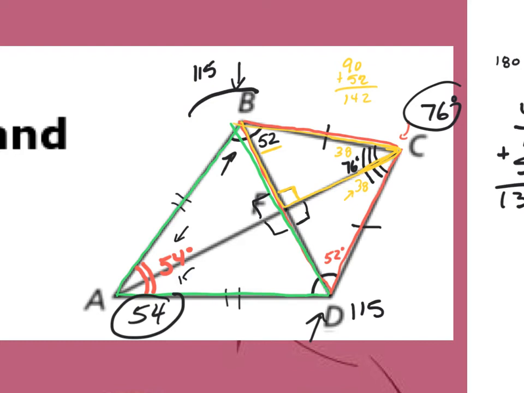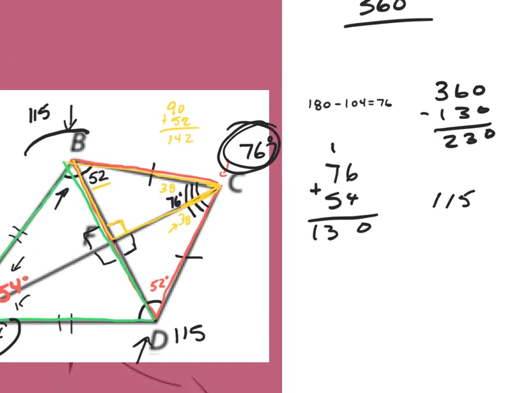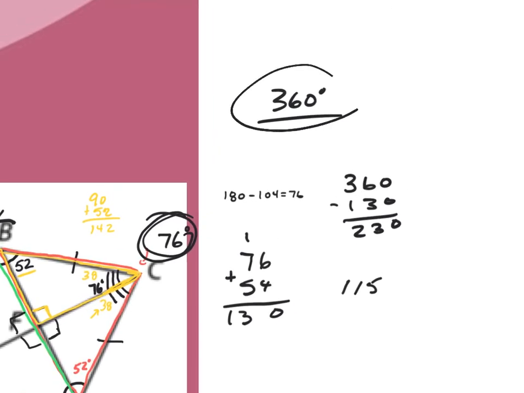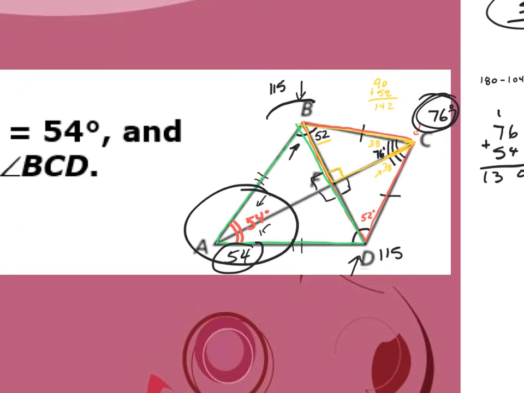Amber, I'm confused how you got that. Which part? The part that you just said. Well, we know, they didn't ask us that. We were done at 76 degrees. No, I know. But we knew there were 360 degrees in total. Why? Because it's a quadrilateral, and if you didn't know that, n minus 2 times 180. And then from there, they told us that this was 54 degrees.